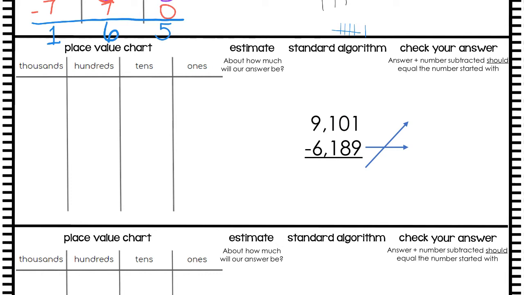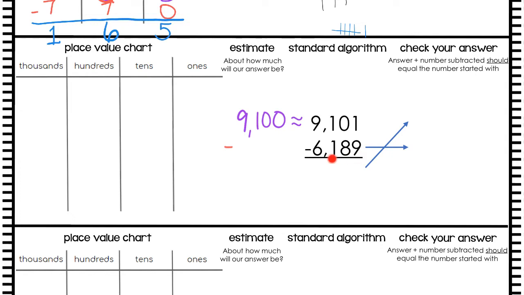I'm going to estimate to begin. About how much will our answer be? 9,101 is almost exactly 9,100. So 9,100 is about 9,101. We're taking away 6,189.